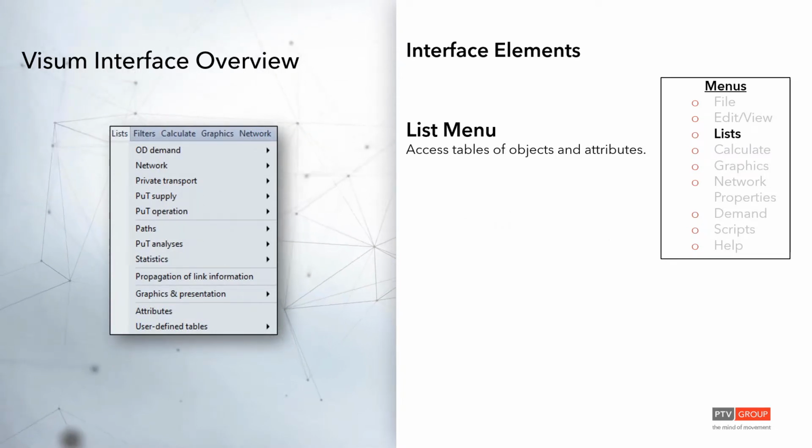Lists is another menu. If you remember, we talked about list layouts. In Visum, every network object has some data associated with it, and the way to access that data is through lists. In this menu item, you can access the list for any network object in Visum.